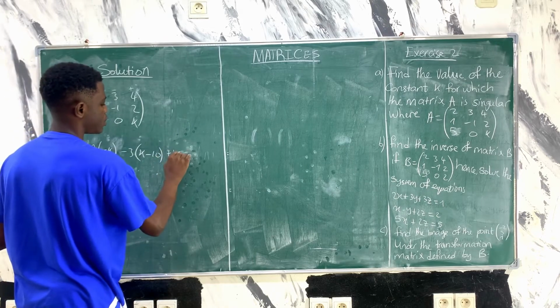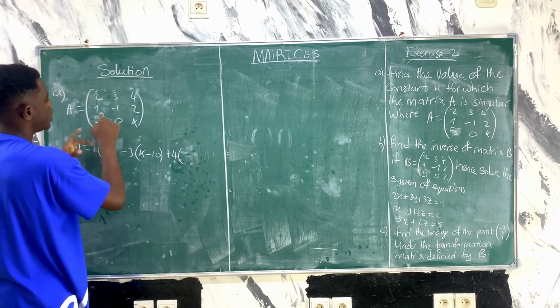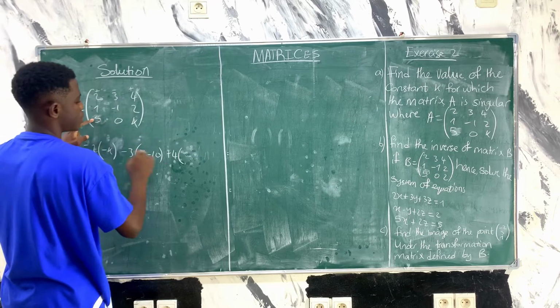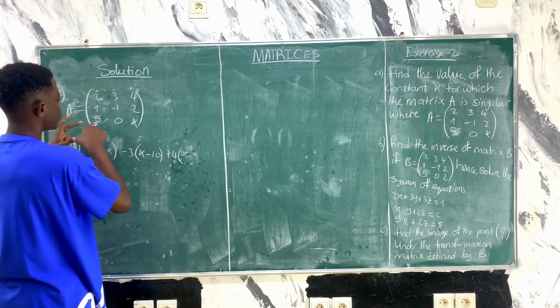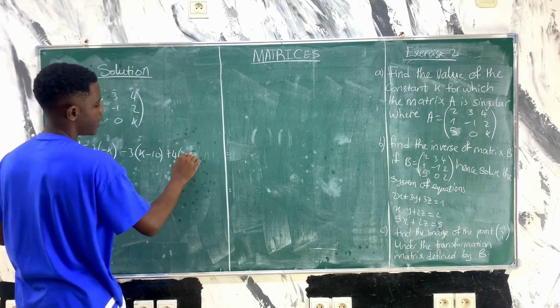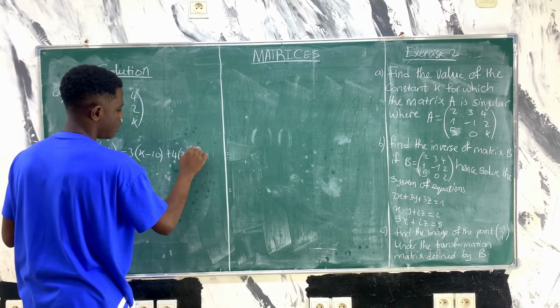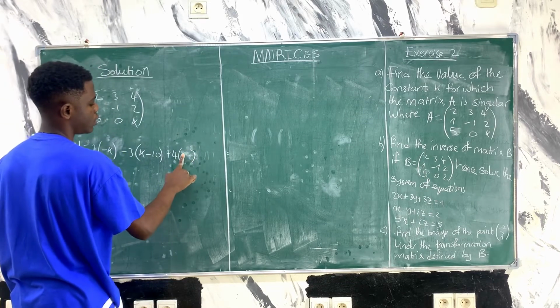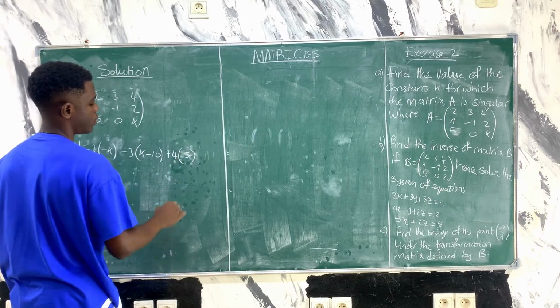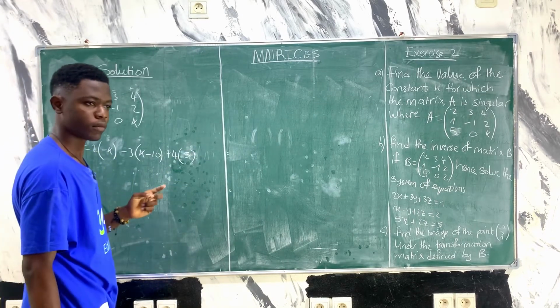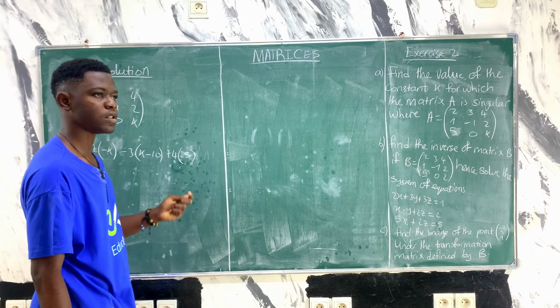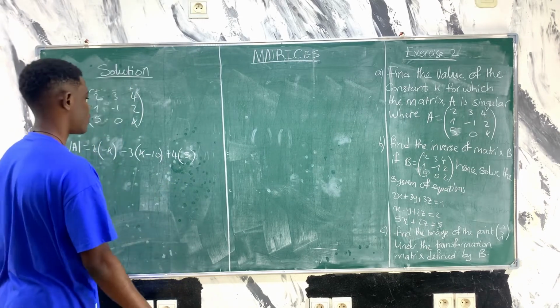Then plus 4 into 5 times minus 1, minus 5, which is the same as plus 5 finally.